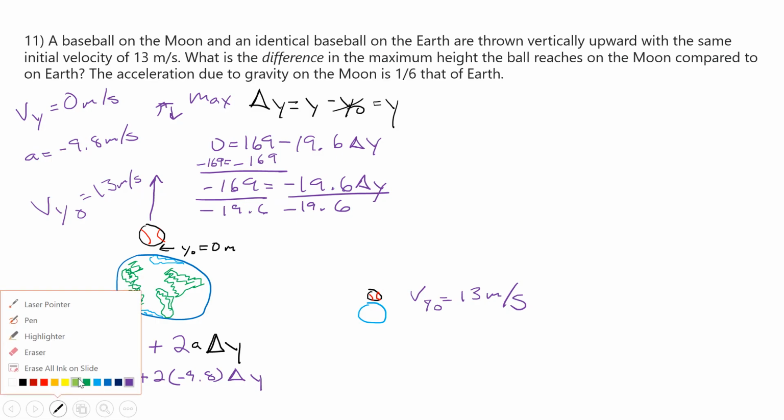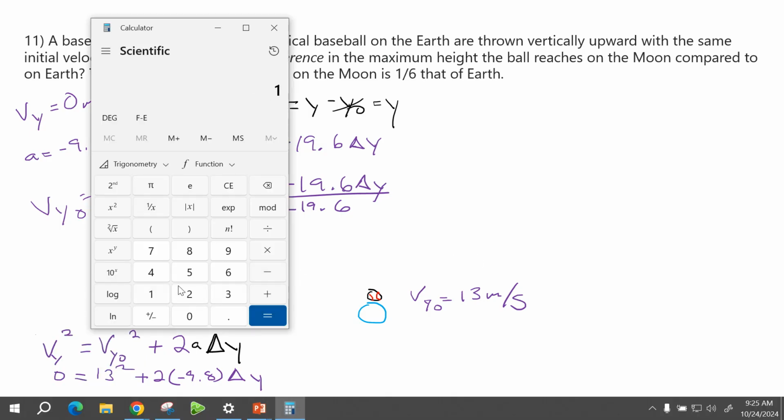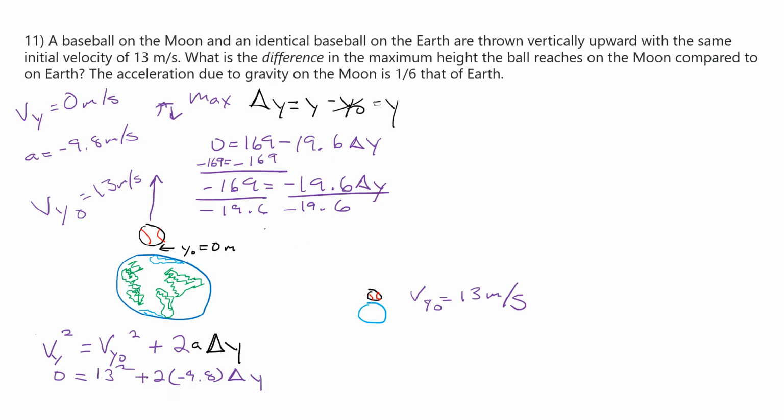And then I get the maximum height of Earth is, well, let me do the math. 169 divided by 19.6 is about 8.62 meters. So right up here is about 8.62 meters.